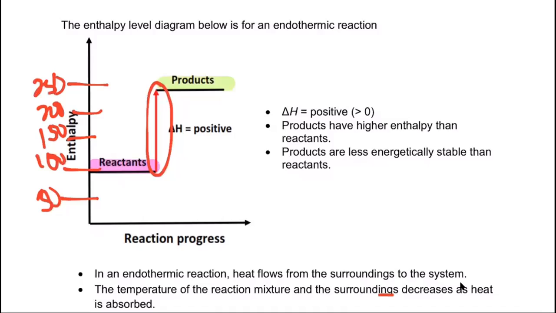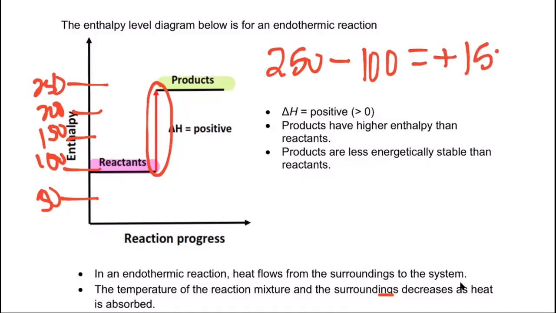If my products were around 250 and I subtracted where my reactants are, around 100, now the answer is positive 150. So my delta H is positive, and it's positive because the products have a higher enthalpy and therefore the products are less stable.